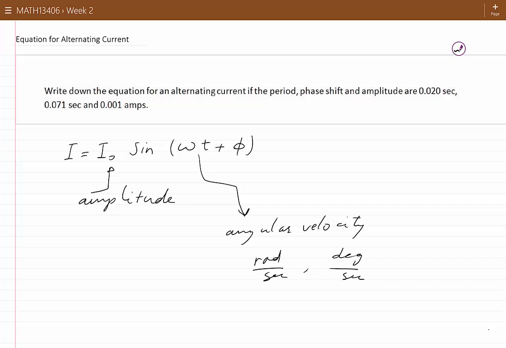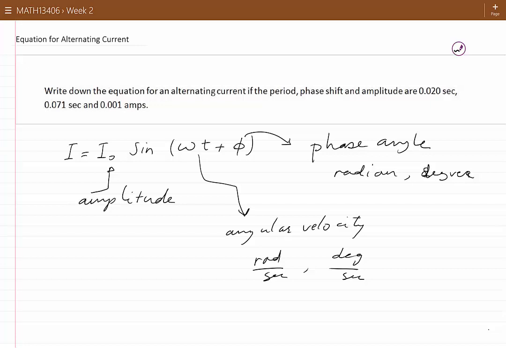And phi is the phase angle, which could be either in radians or in degrees.